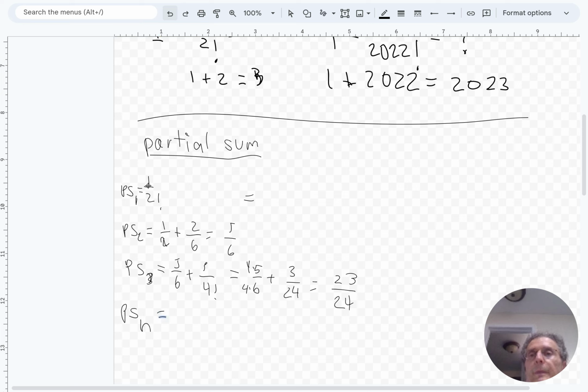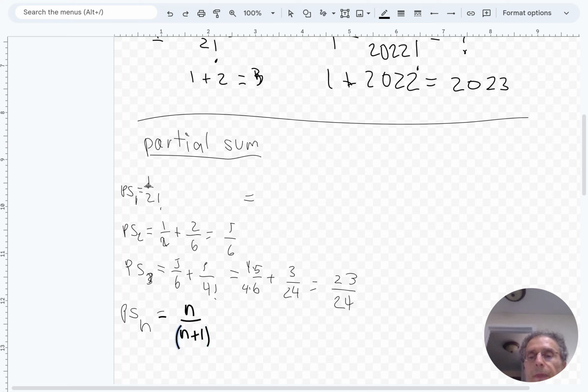I'm going to go slower. What if I make the thickness even more? Partial sum at n is obviously n over n plus 1. Oh, this is not true. I'm sorry. That's not the partial sum.